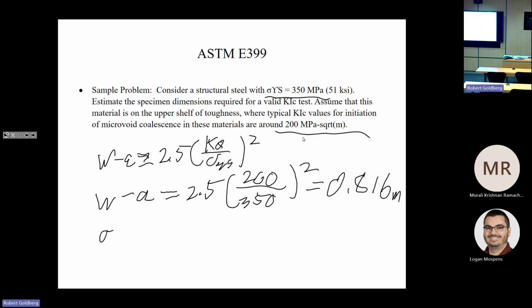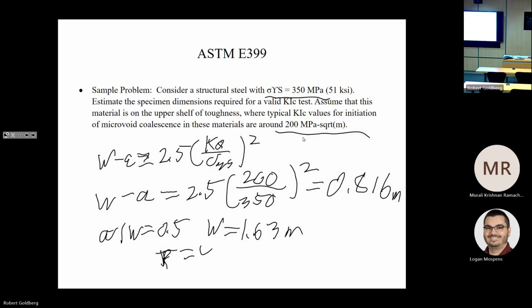Also, if A over W is equal to 0.5, W would then be 1.63 meters, which you're not going to do a test like that. And your required specimen thickness B is then equal to 408 millimeters.